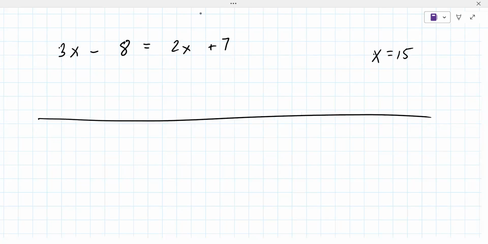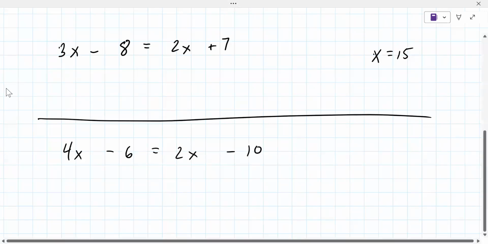So let's try another one here. Let's try 4x minus 6 equals 2x minus 10. This is a new problem here.